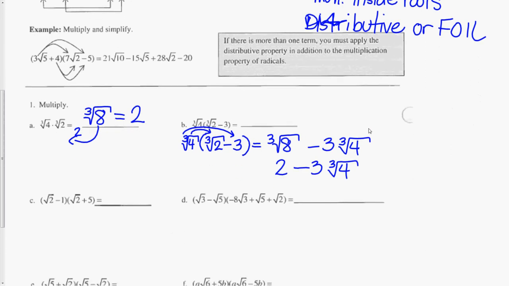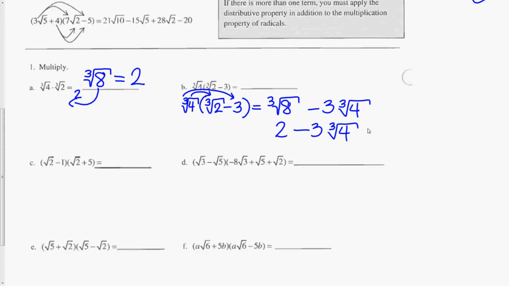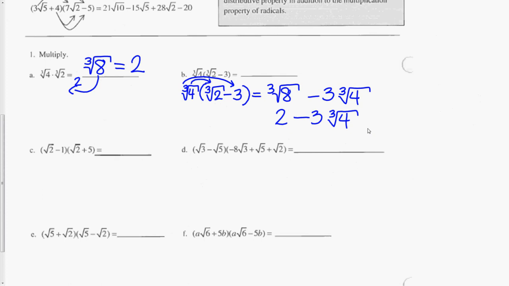The next one, part C, is a 2 by 2, so we could do a FOIL on it. And so we're going to do first times first. And I'm going to write underneath here what we're multiplying so you can kind of see it. Square root of 2 times square root of 2, well, that equals square root of 4, which is a perfect square, which is 2.